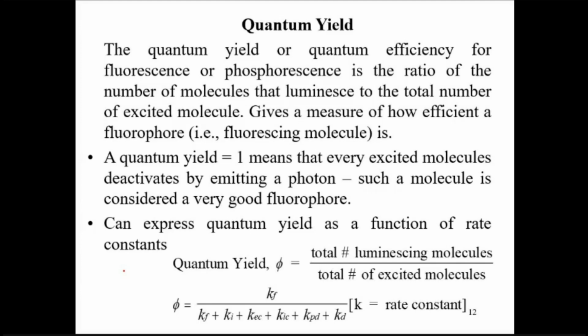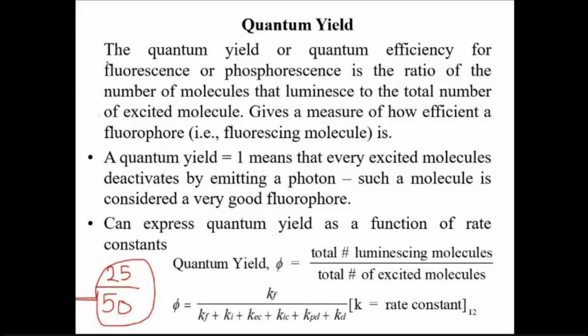And out of those 50, 25 are giving you luminescence. So quantum yield will be 25 molecules which are giving luminescence divided by 50 molecules which got excited. This ratio will be called quantum yield.